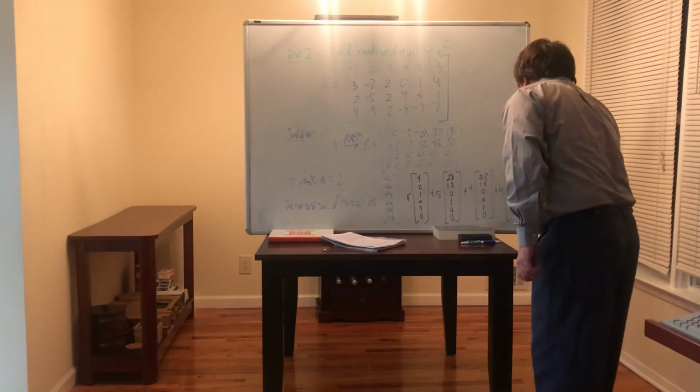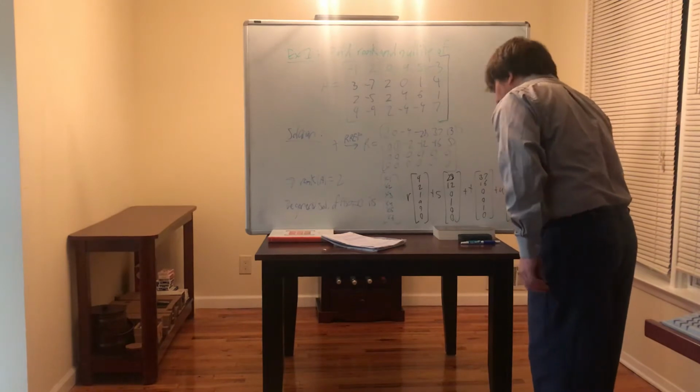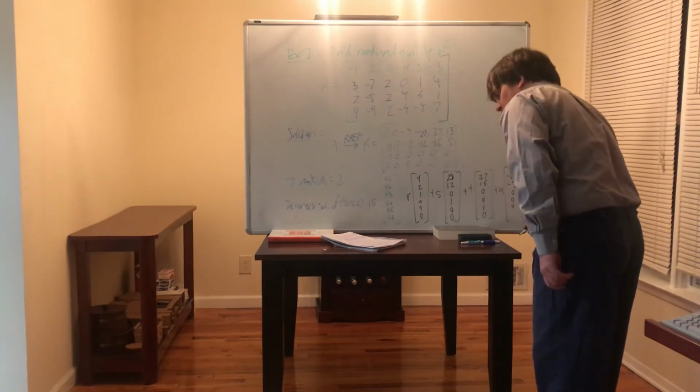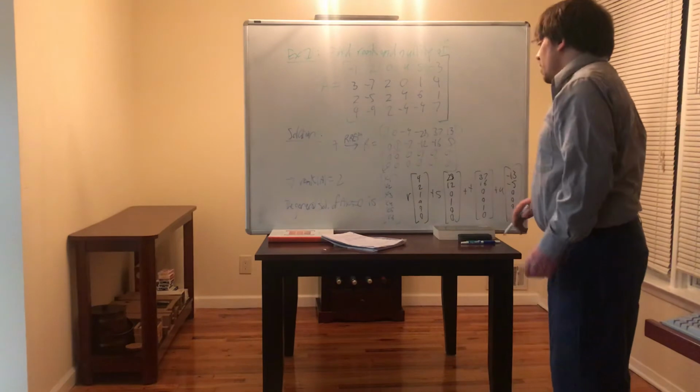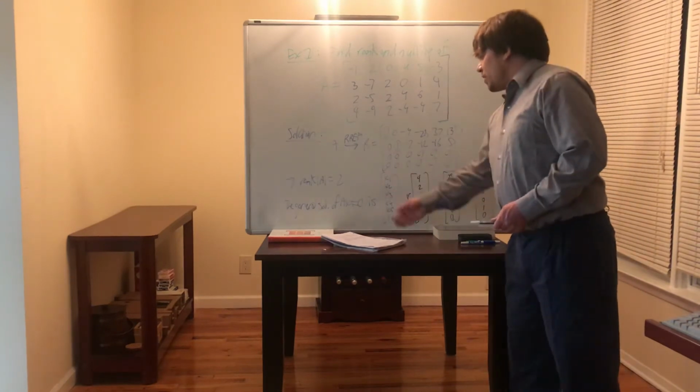U is negative 13, negative 5, 0, 0, 0, 1. So the general solution of AX equals 0 is that.